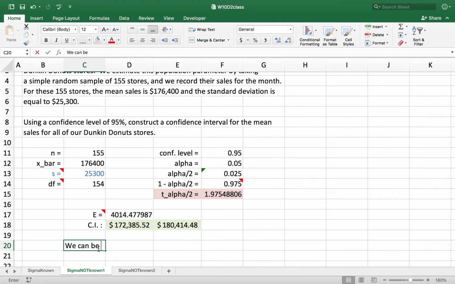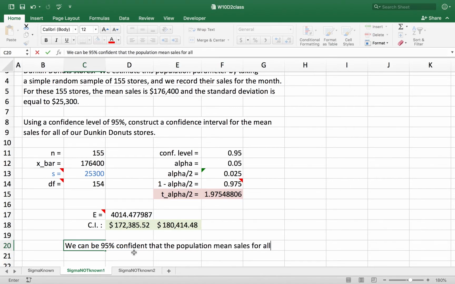So we can be 95% confident that the population mean sales for all Dunkin' Donuts stores fall between 172,385, I'm just going to round to the nearest dollar, and 180,414.